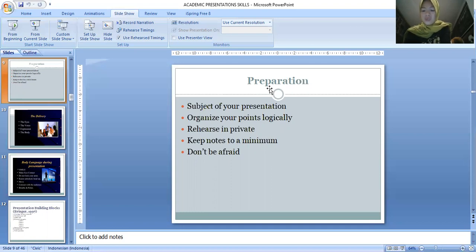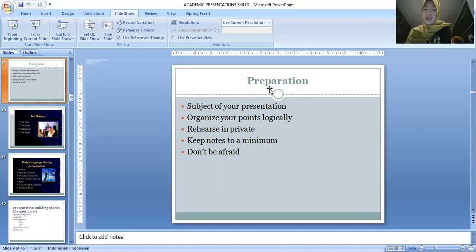Good preparation will ensure that you have thought carefully about the messages that you want or need to deliver, to communicate, to convey to the audience in your presentation. And of course, I think by doing good preparation, it will also help you to boost your confidence. So preparation is a very important part in a successful presentation.